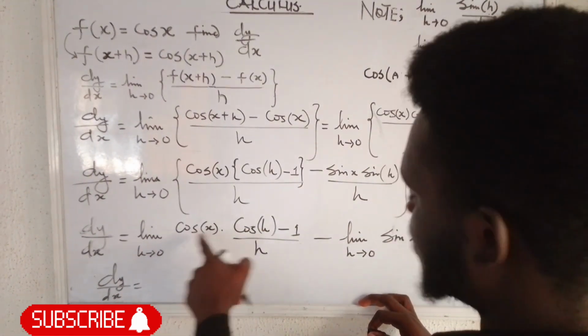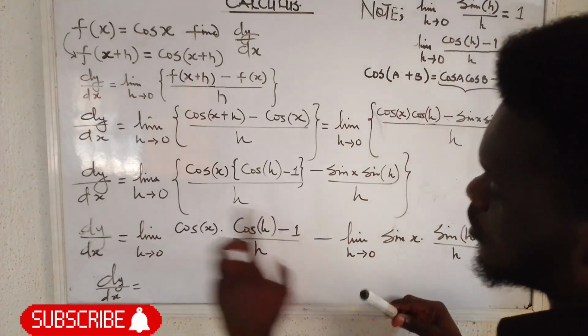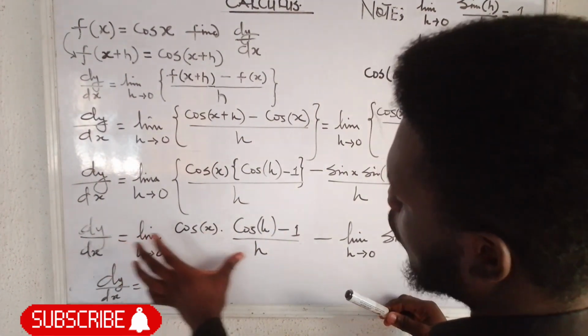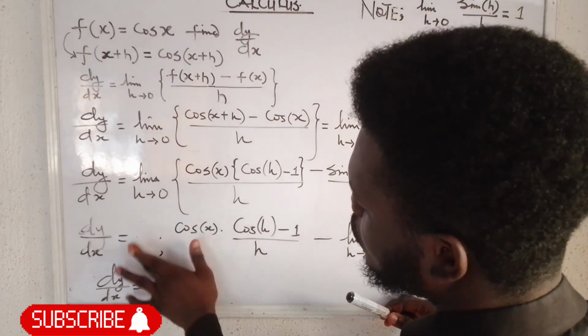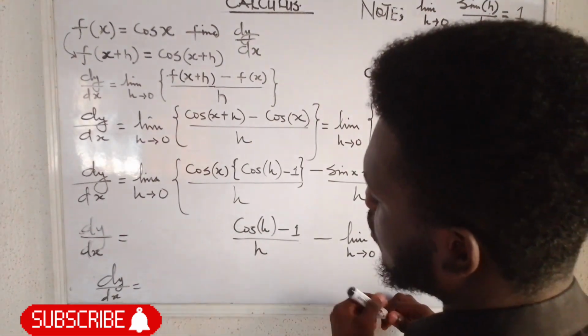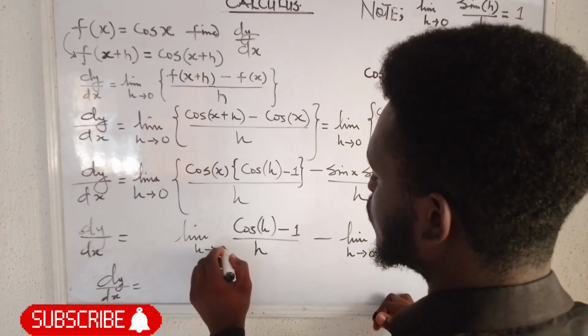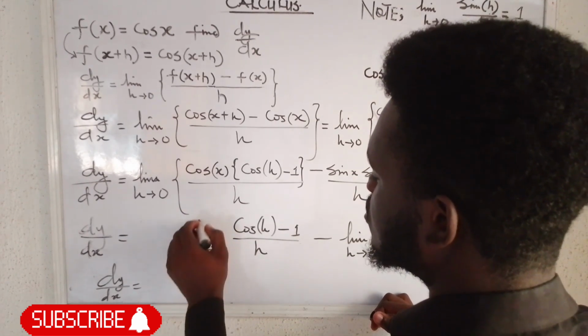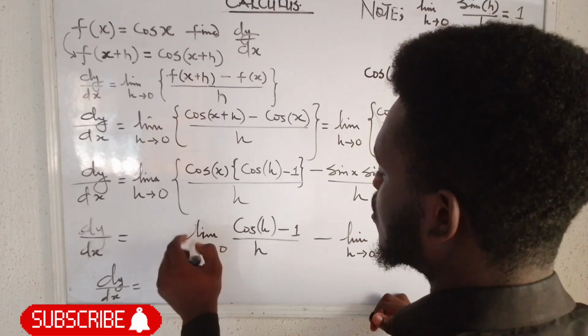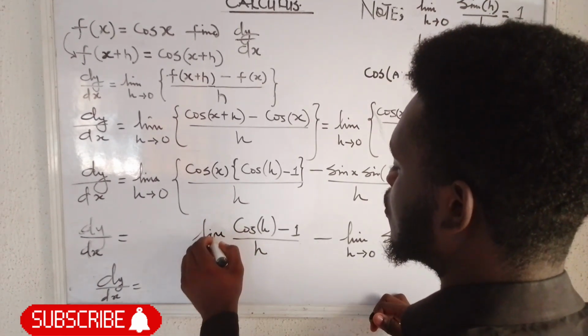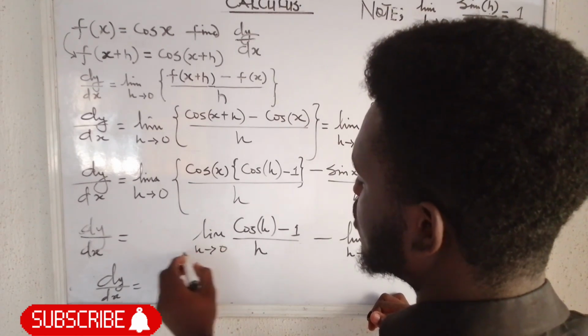Okay, let me not confuse you, so that you don't think maybe I'm doing anything wrong. These are all held together by product. So we can put the limit here as h tends to 0.